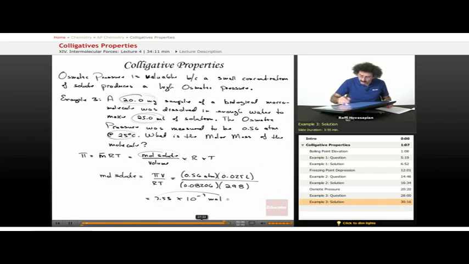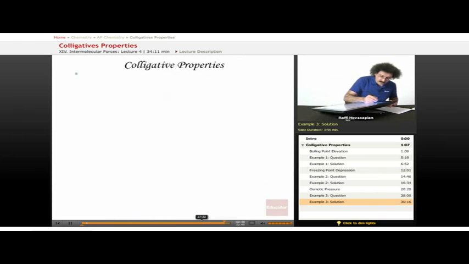Well, now that we have the moles, we have the milligrams, let's go ahead and do some division. So, molar mass, which is what we want, it's equal to 20 milligrams, which is 20.0 times 10 to the negative 3 grams. I just use the definition of milligram instead of doing the conversion.